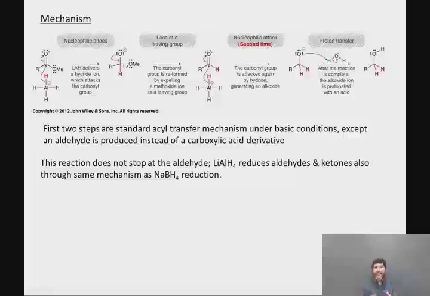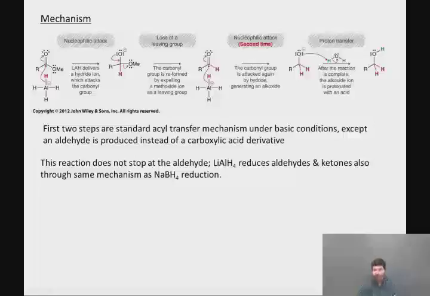Now, to get a neutral product, once every molecule has gotten to this point, you add water. When you add water, that protonates the alkoxide to make the primary alcohol product. It also protonates the OCH3- that you kicked off as a leaving group in step 2 to make a molecule of CH3OH.